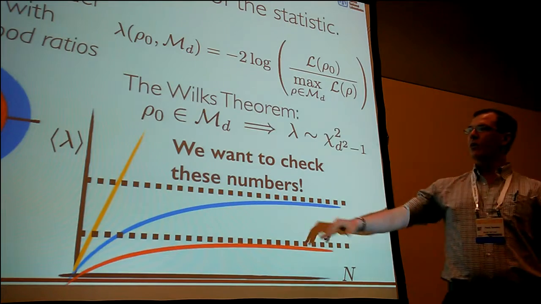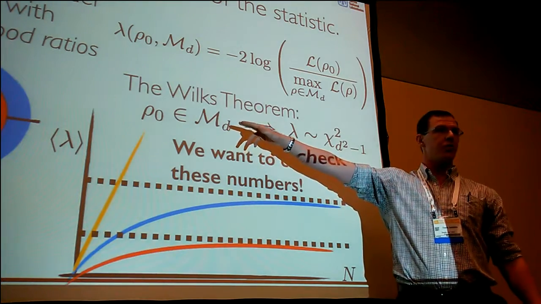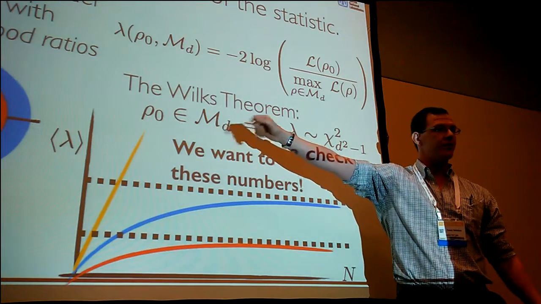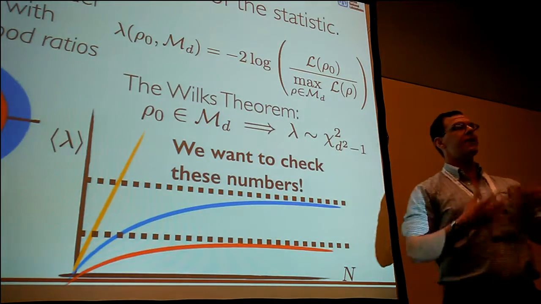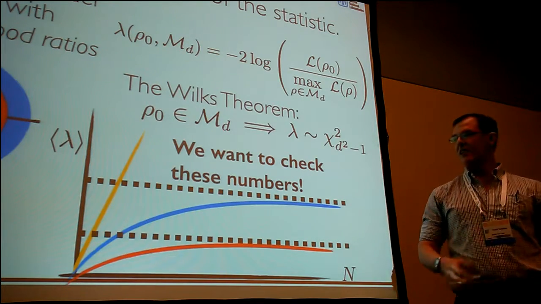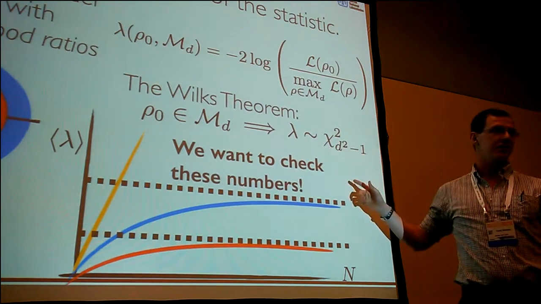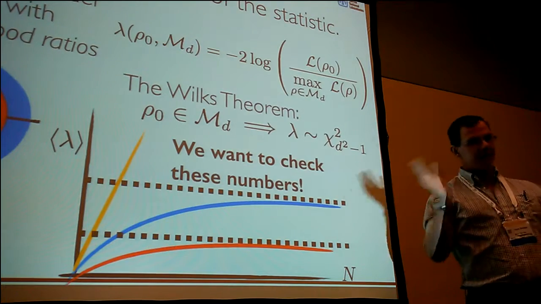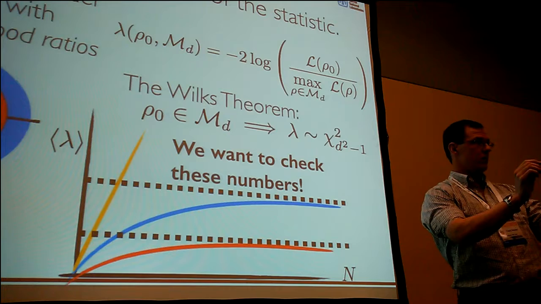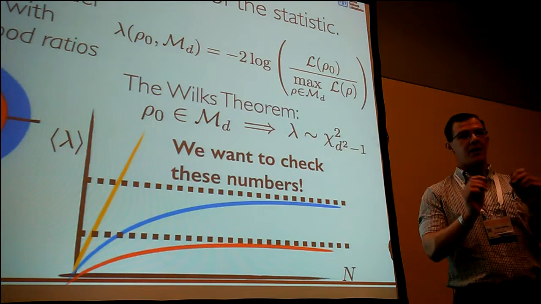In particular, the Wilks theorem says if your true state, which we're denoting here as rho naught, or the green blob on the left-hand side of the screen, is contained within your model, then the distribution of this statistic is chi squared with d squared minus 1 degrees of freedom. What exactly the chi-squared distribution is is kind of unimportant. What is important is that you can compute its expected value.